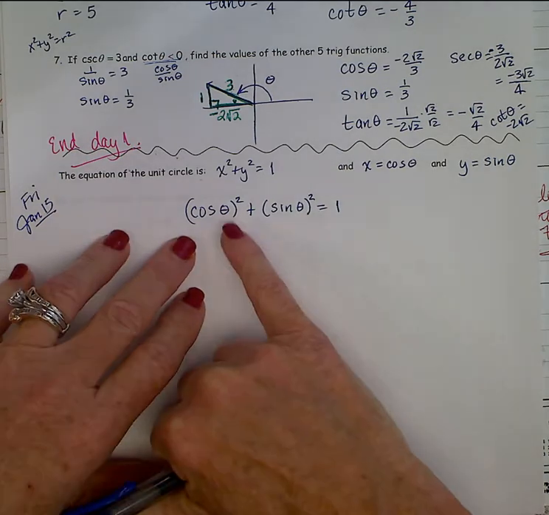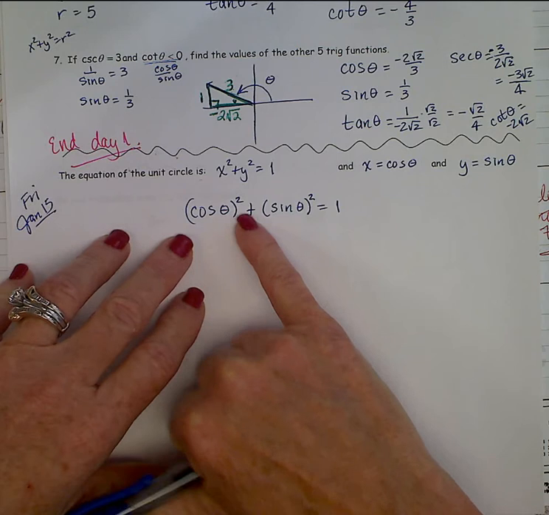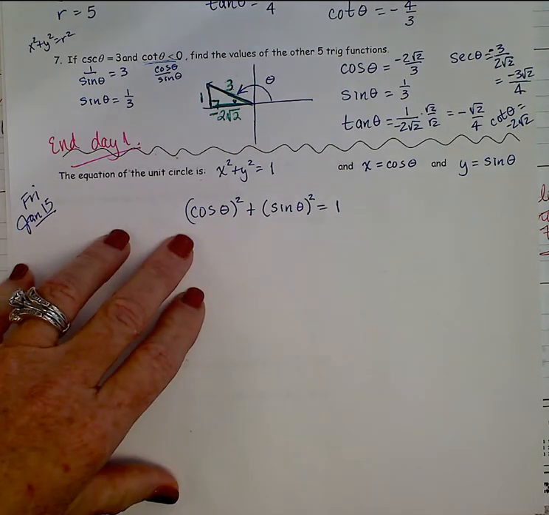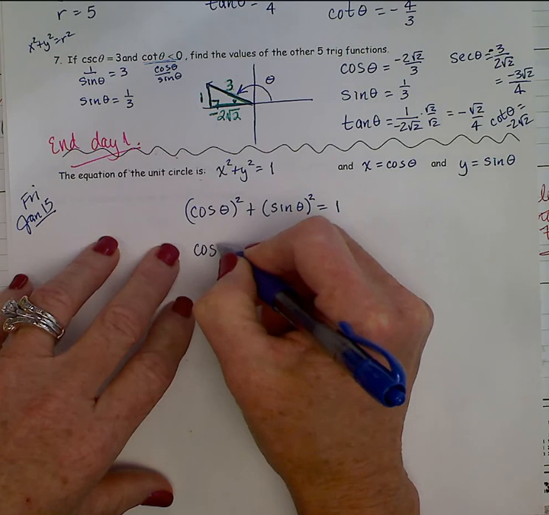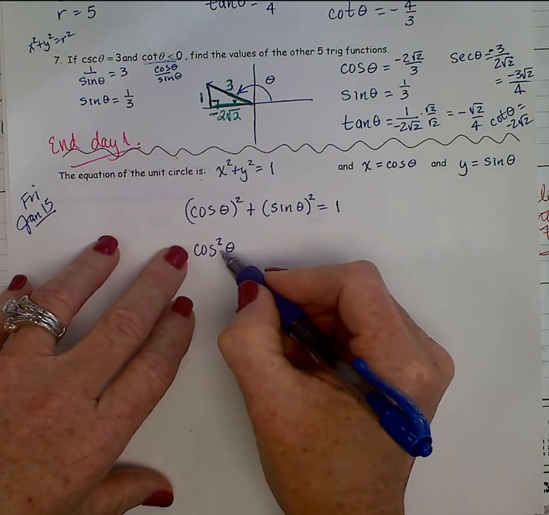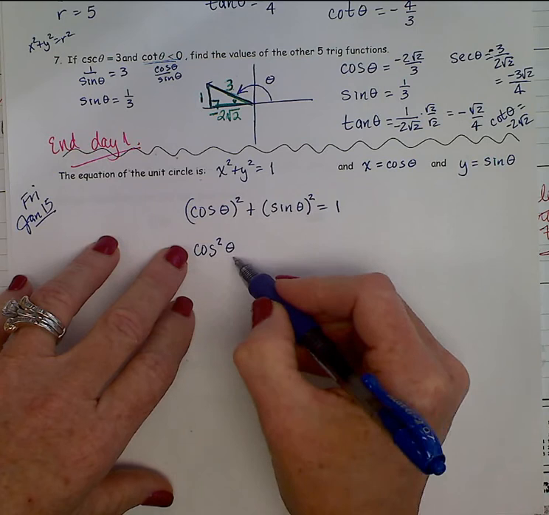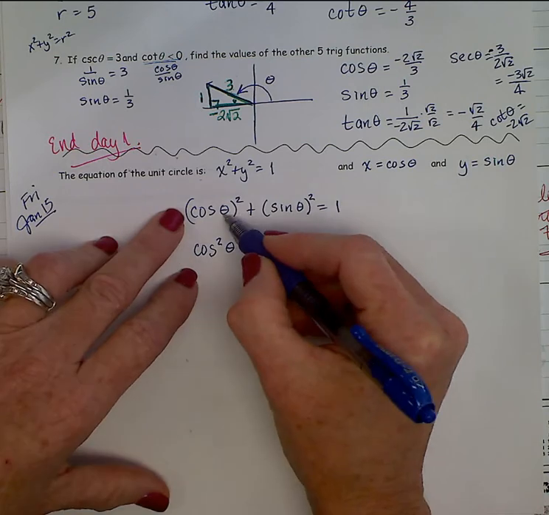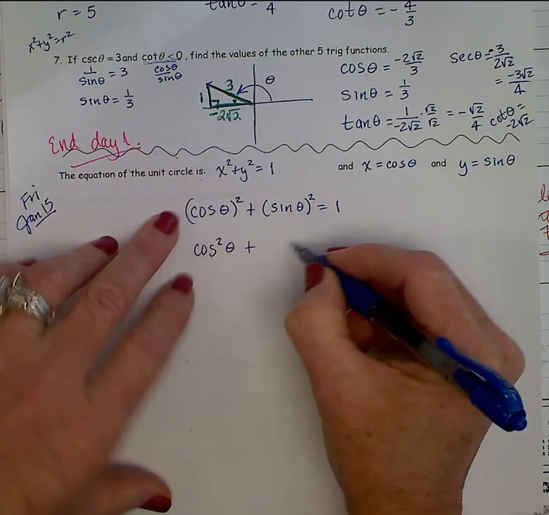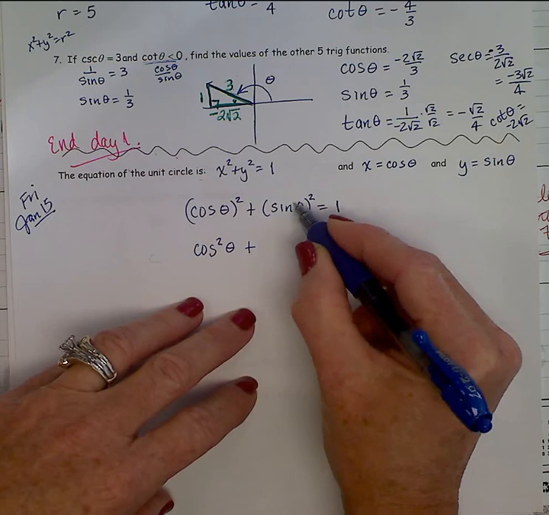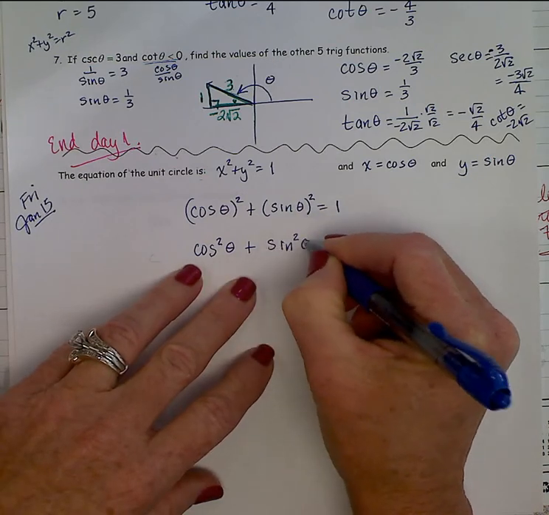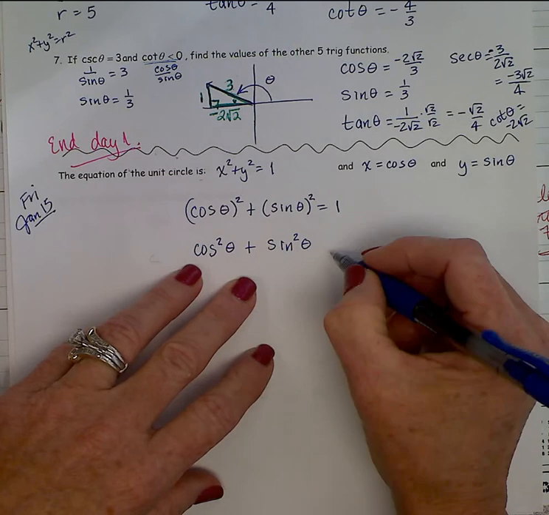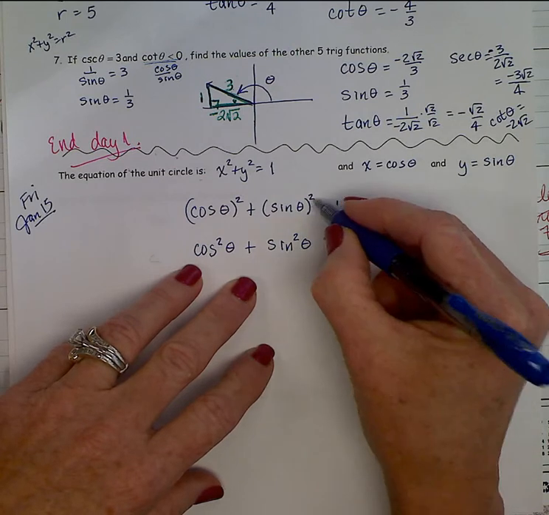Now, the parentheses get to be kind of cumbersome to write, so there's a notation that we can use, and it looks like this. Cosine squared theta, so we put the square on the cosine. It means cosine theta quantity squared, plus, likewise, we can put that square on the sine and write sine squared theta. That means sine theta quantity squared is equal to 1.